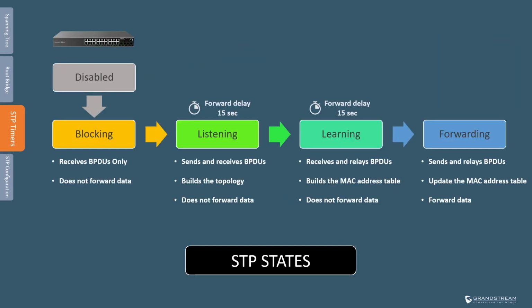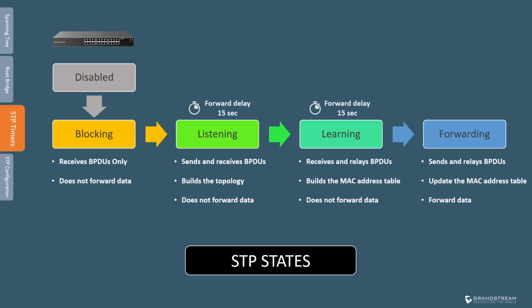Before the STP convergence completes, the STP enabled ports go through several states before they start forwarding data traffic. A port that has STP enabled starts in the blocking state to prevent any bridging loops from taking place. In this case, the port can only receive BPDU messages and it is not allowed to process data frames.